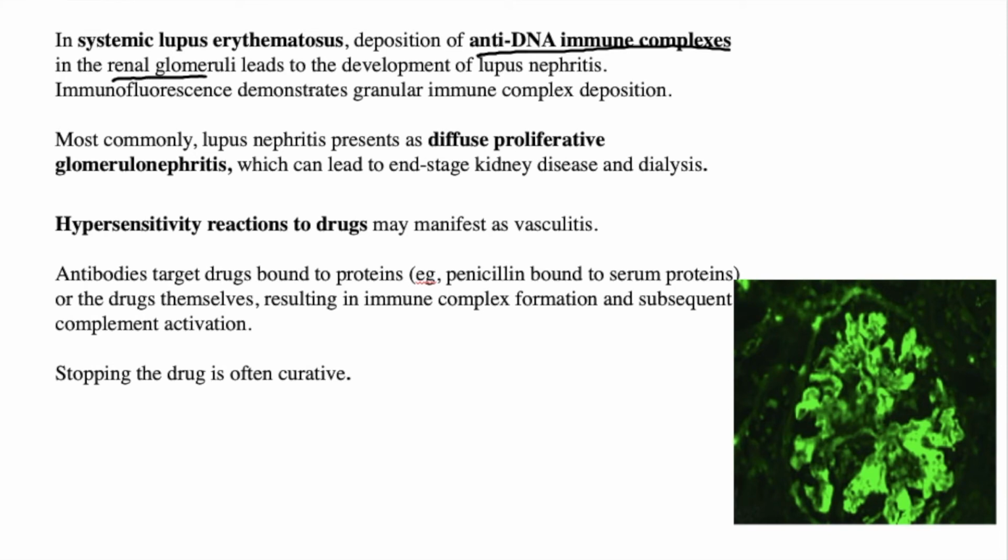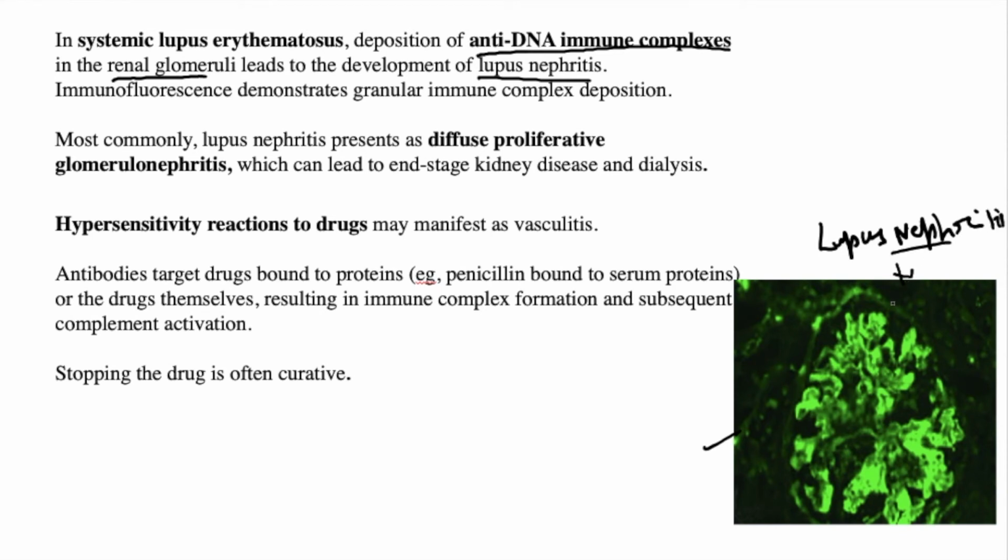In the renal glomeruli, there is deposition of anti-DNA immune complex that leads to development of lupus nephritis. Here in this diagram, this is an immunofluorescent picture which depicts the granular deposition of the immune complex in lupus nephritis.